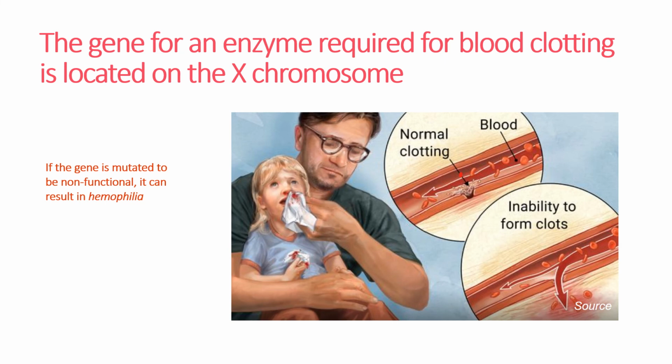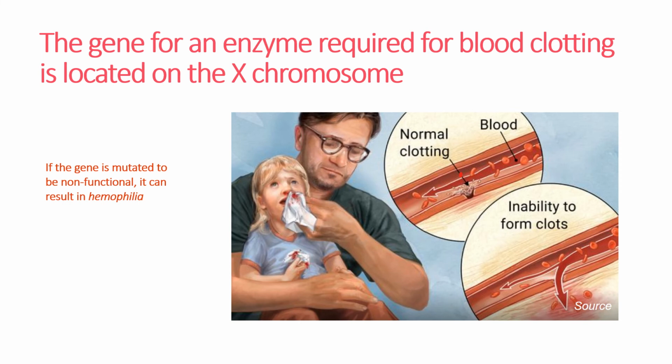It's also more complex when we consider genes on the X chromosome. One example of a gene carried on the X chromosome is the gene for a blood clotting enzyme. If this gene is non-functional, it can result in a disease called hemophilia, where individuals are unable to clot blood properly.